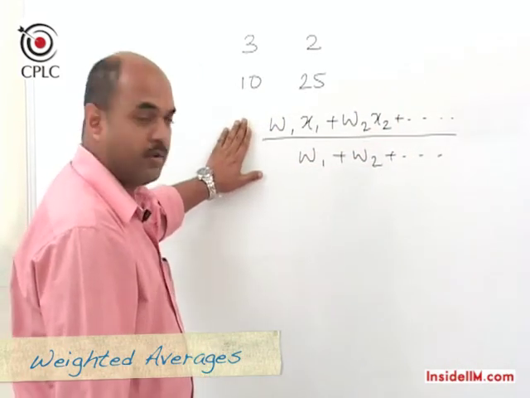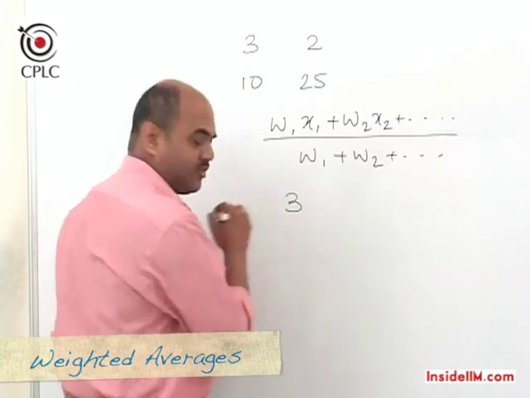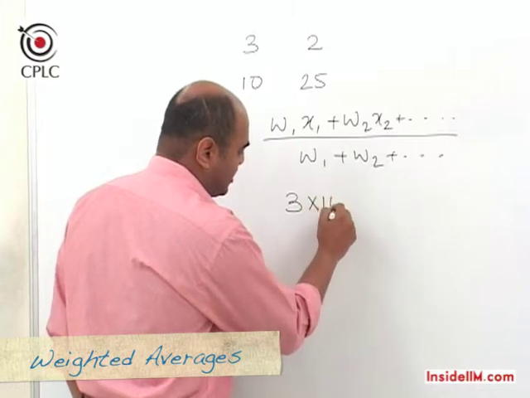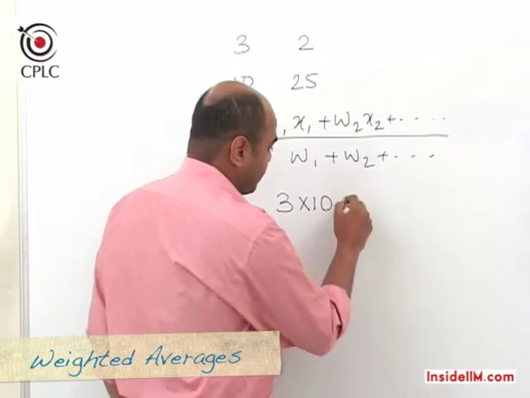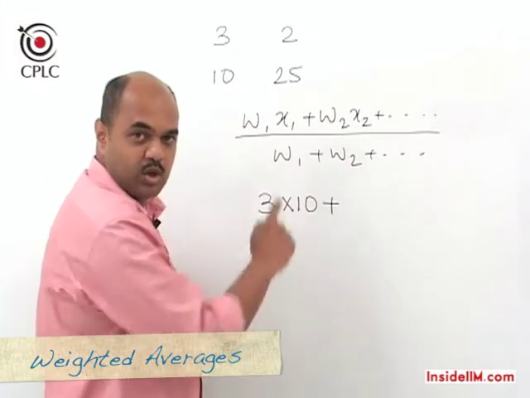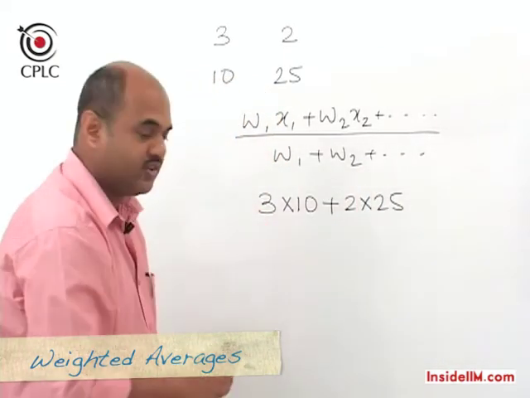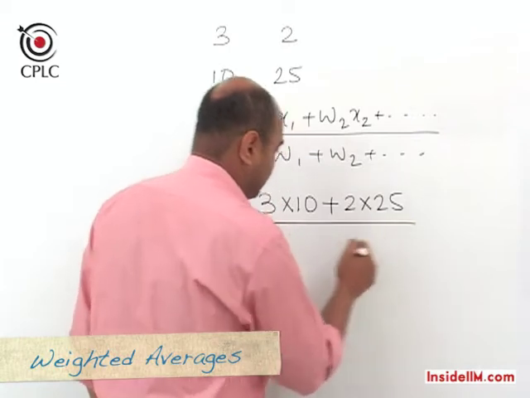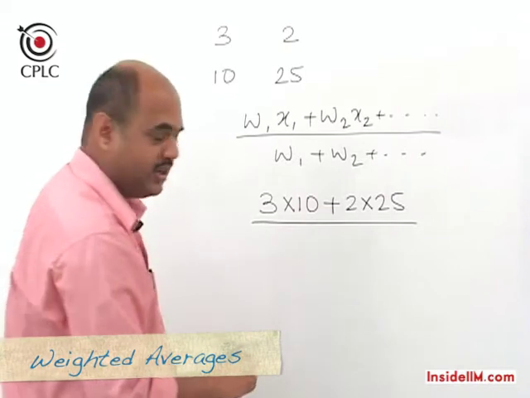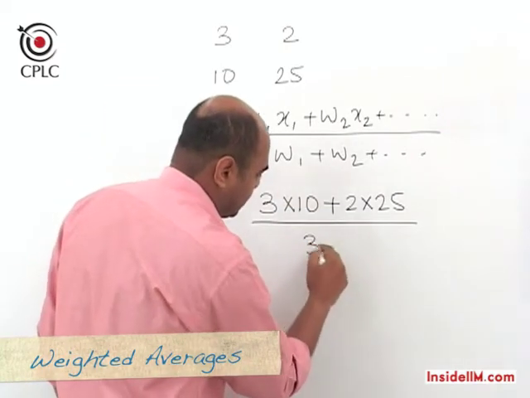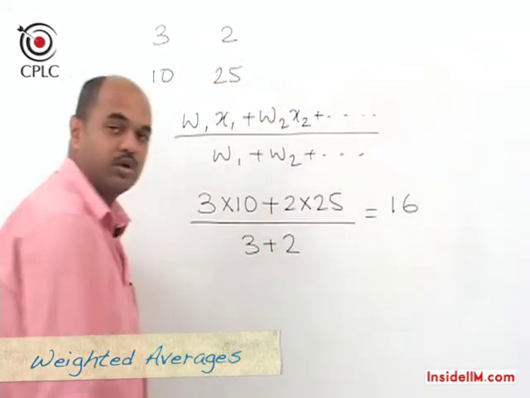So if I use this formula in this example, we say that 3 kgs of sugar costing 10 rupees per kg would mean a total value of 30 rupees. 2 kgs of sugar costing 25 rupees per kg would mean total value of 50 rupees, and 30 plus 50 would make a total mixture value of 80 rupees, and then I divide by the total quantity, which is 5, and hence the average here would be 16.